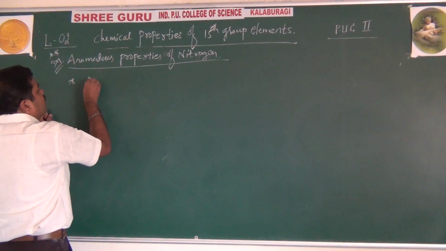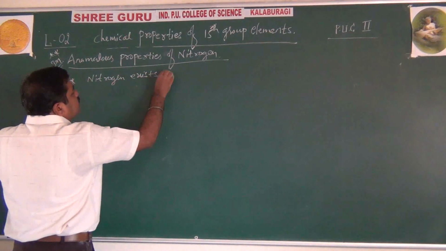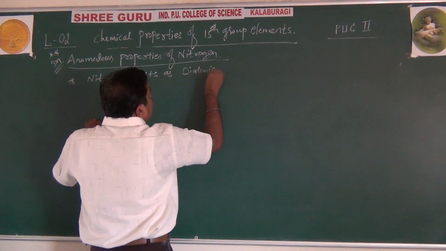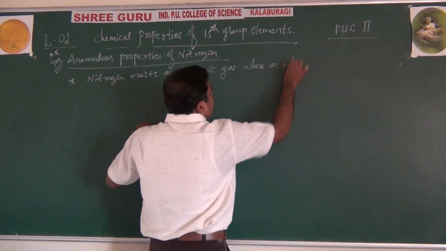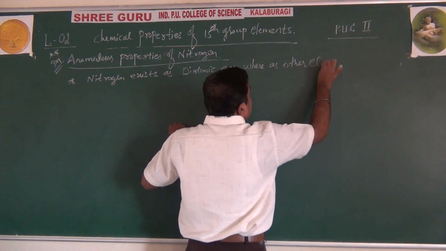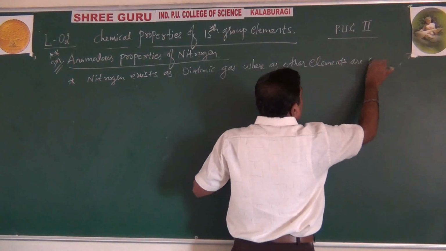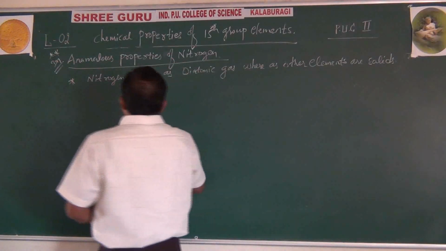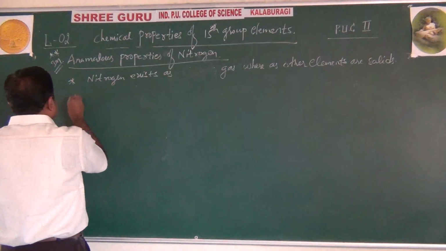First important point: nitrogen exists as a diatomic gas, whereas other elements are solids.